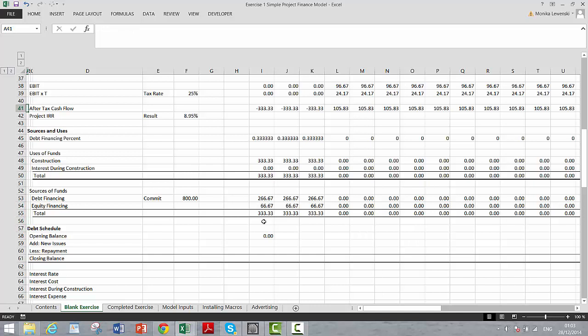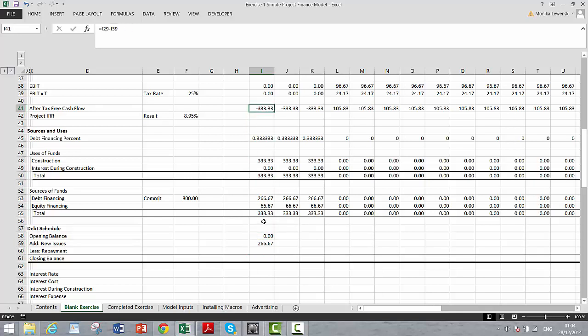Because once you hit this famous after-tax free cash flow, that's what we should do. And then the new debt issues are just from above. That's why we want to do the debt schedule after the sources and uses. I didn't finish my thought, of course.